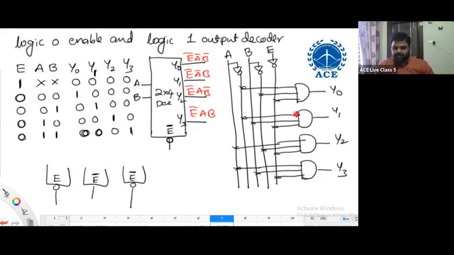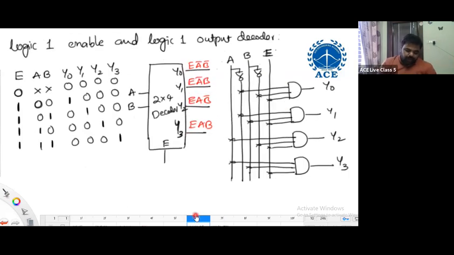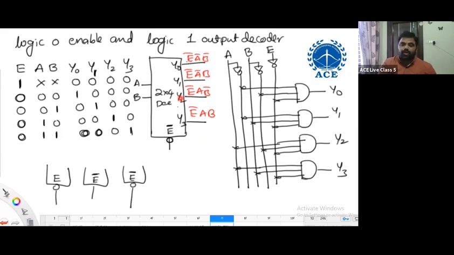A simple thing we can understand from this: whatever the outputs are, just using bubbles at the output side represents a logic 0 output decoder, and to get the output expression, just take the complements of these. For logic 1 enable, we use bubbles at the output side, which indicate complements. That is a logic 0 output decoder. Similarly for logic 0 enable, logic 0 output decoder: the enable side is the same, and at the output side we use bubbles, again complements of these.